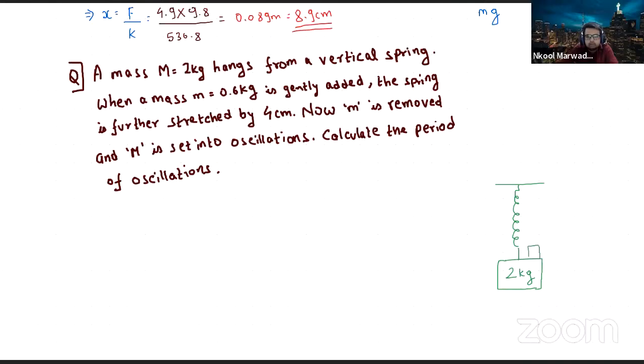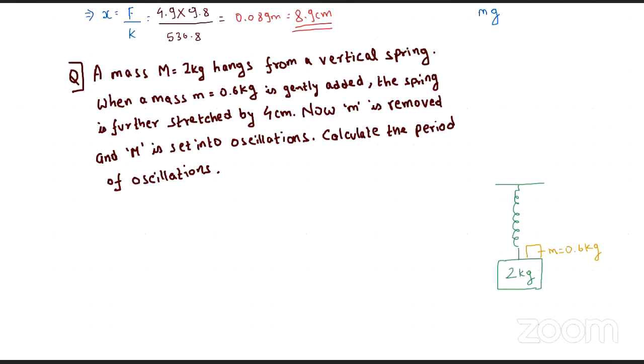Small m is equal to 0.6 kg. The spring is further stretched by 4 centimeters. So after addition of the mass, the spring gets stretched. Additional displacement will be 4 centimeters. And now the mass m is removed and capital M is set into oscillation. Calculate the period of oscillations.